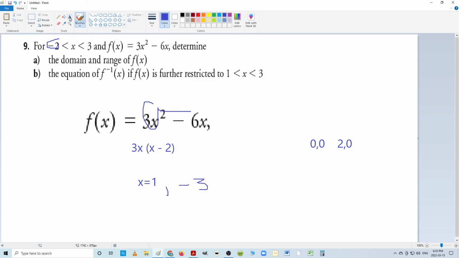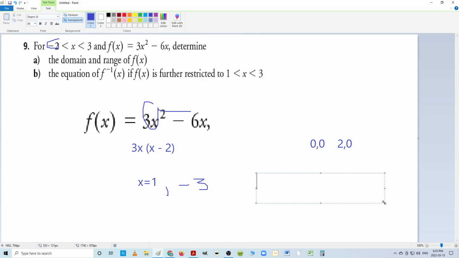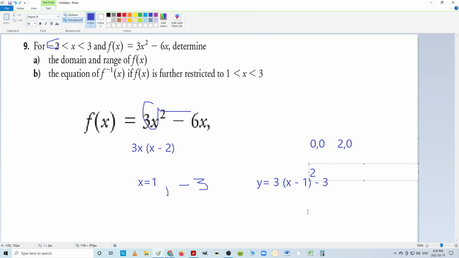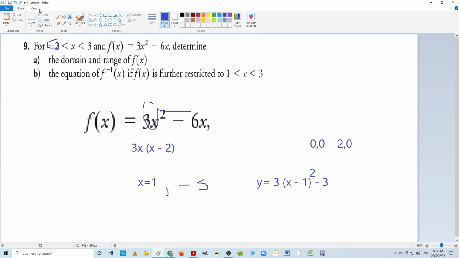Which means my most likely equation for this, if I were to complete the square, would be this. However, what I'm going to do is actually complete the square to determine if I get that formula.